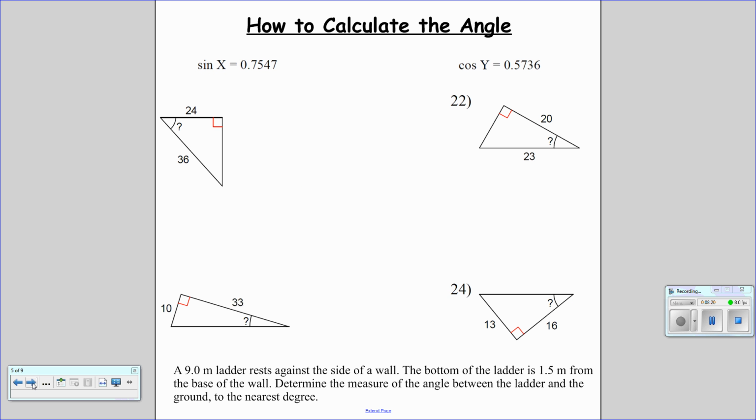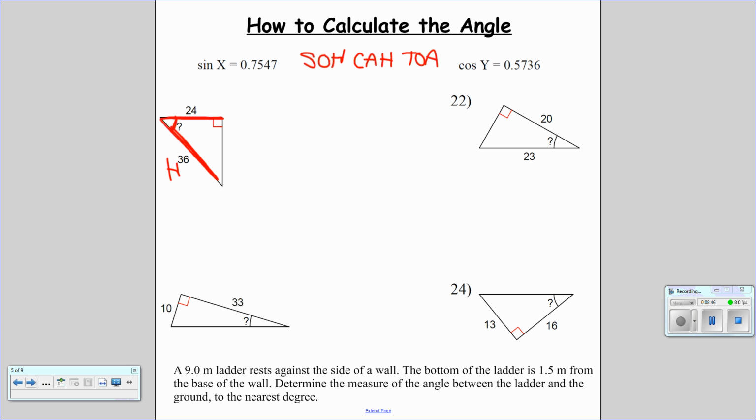All right, how to calculate an angle. So if I look right here at my first triangle, I have this side and this side, and I care about this angle, okay? My hypotenuse is this side. So if I write SOHCAHTOA up here, it'll be helpful.